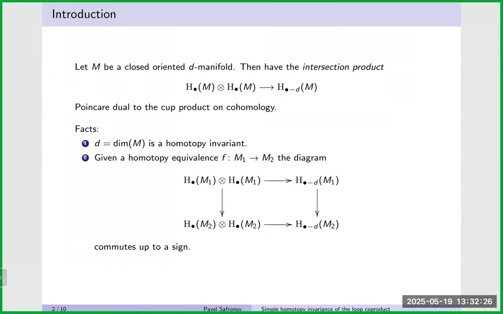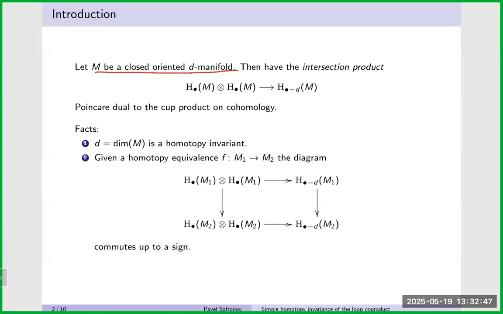So let's say you have some manifold M, and let's just say it's closed and oriented for simplicity. So you have various operations on homology and cohomology. The main operation I'll care about is what's called the intersection product.